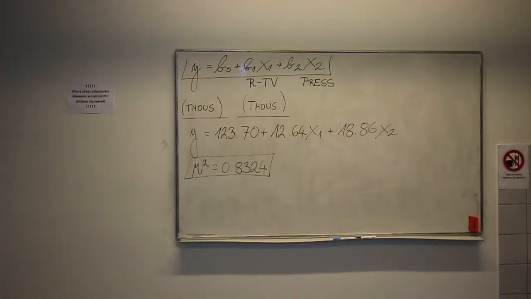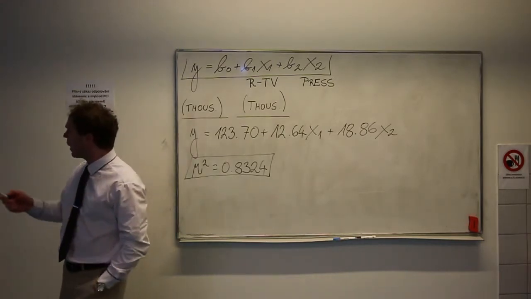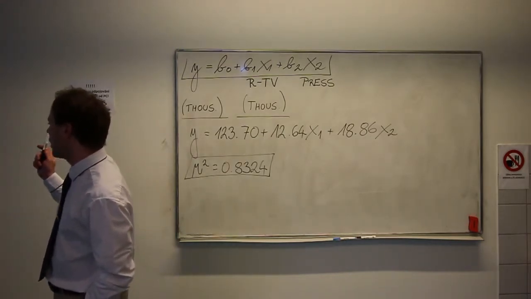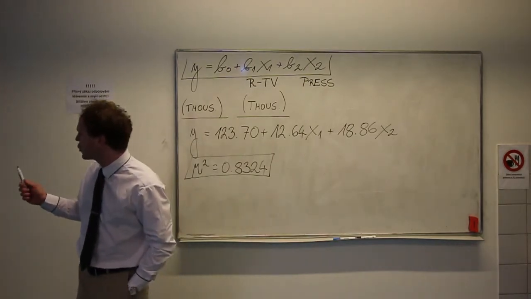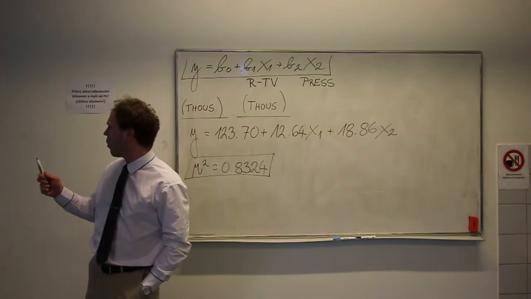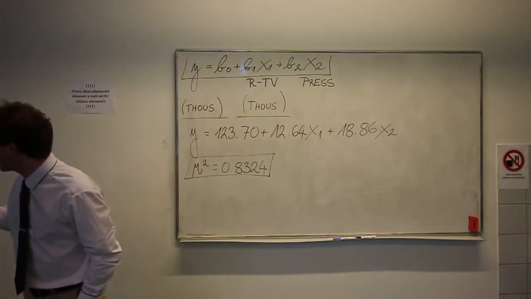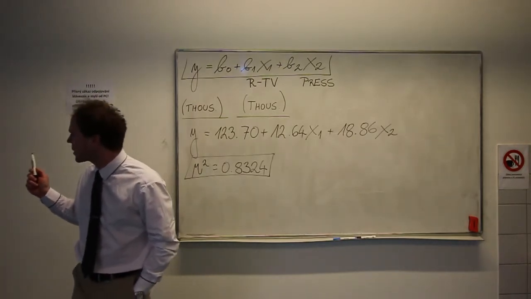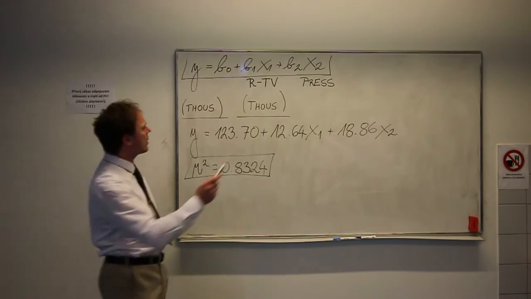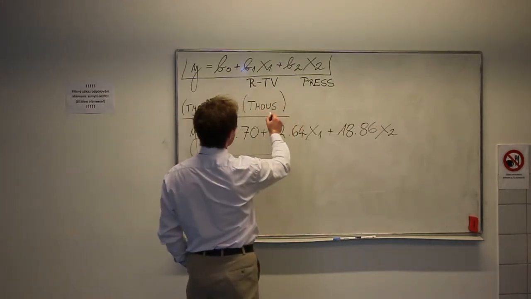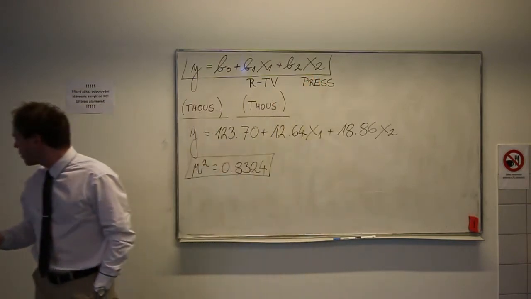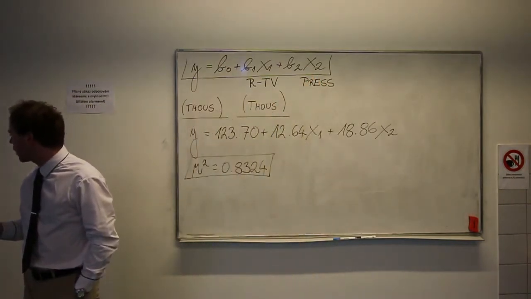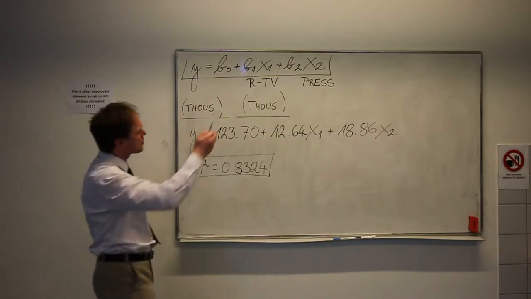What average increase of sales can be expected according to this model when the cost of advertisement in press increases by 5,000 Czech crowns, while the costs on advertisement in radio and television stay constant? So radio and television will be constant, and the cost on advertisement in press increases by 5,000 Czech crowns.